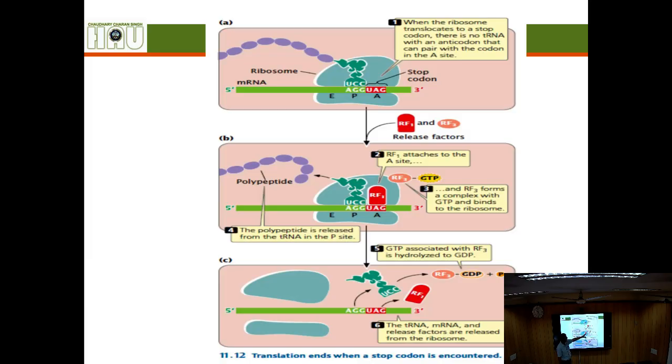RF1 occupies the A site, and RF3 forms a complex with GDP and binds to the ribosome, and the polypeptide is released from the tRNA present in the P site. After the release of the polypeptide, the GTP associated with the release factor is hydrolyzed to GDP, and then the whole complex, the tRNA, mRNA and release factors, is released from the ribosome.